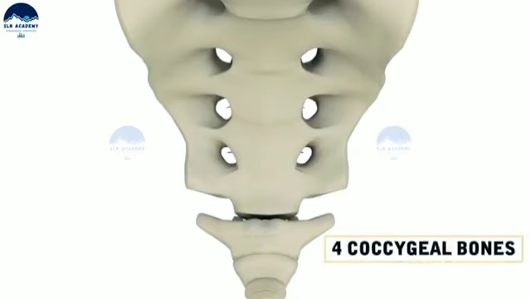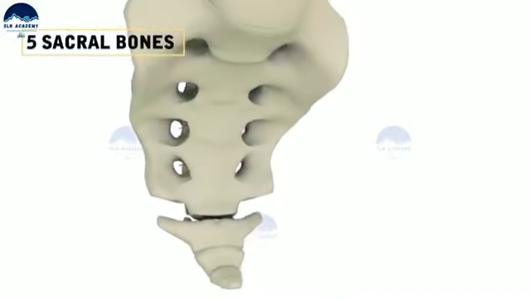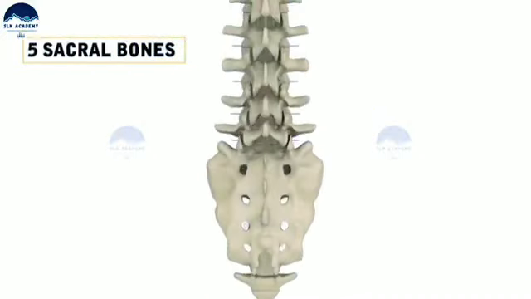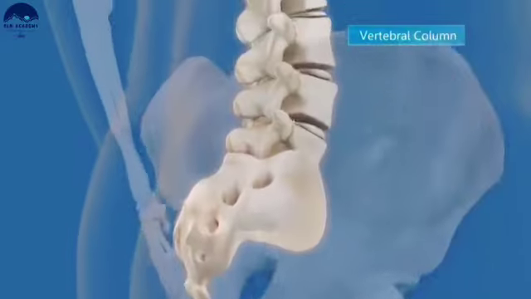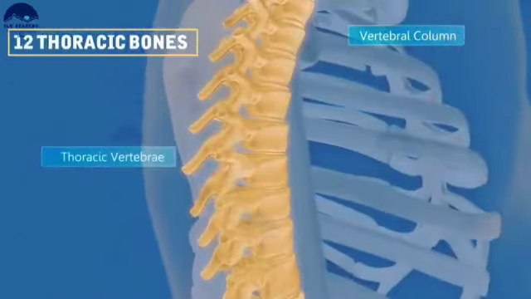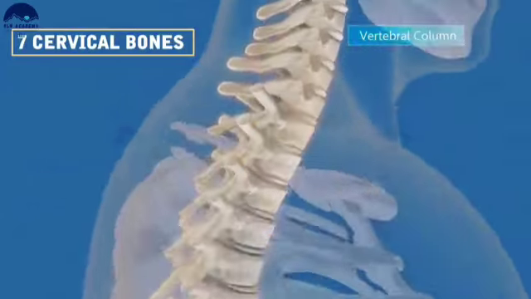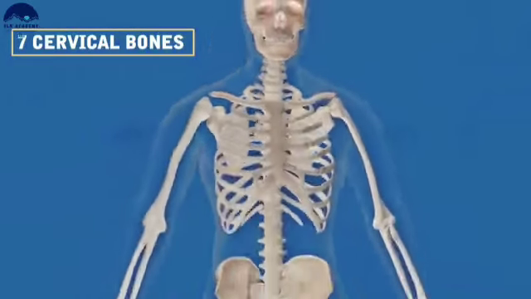The 4 coccygeal bones are fused together in adults as one bone, which is also called the tailbone. 5 sacral bones are fused in adults as one bone. 5 lumbar bones, 12 thoracic bones, and 7 cervical bones are present in the human vertebral column.